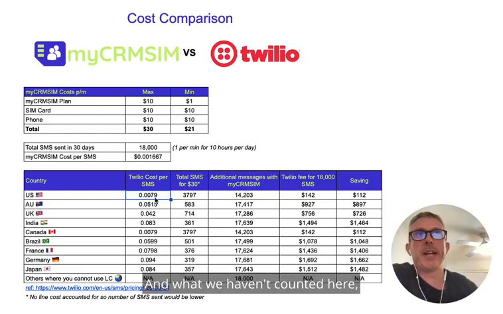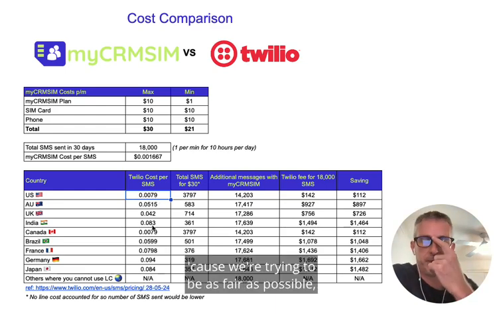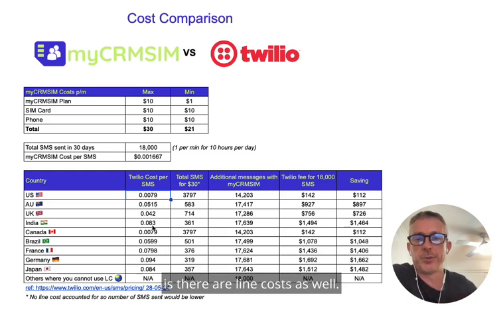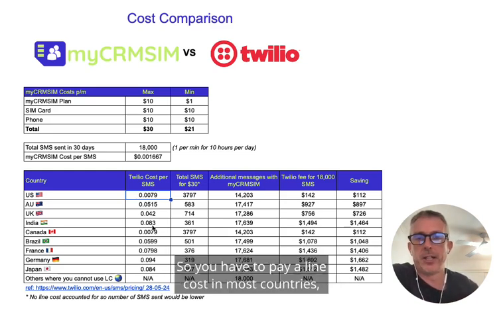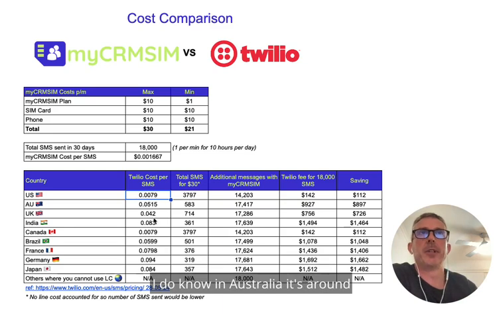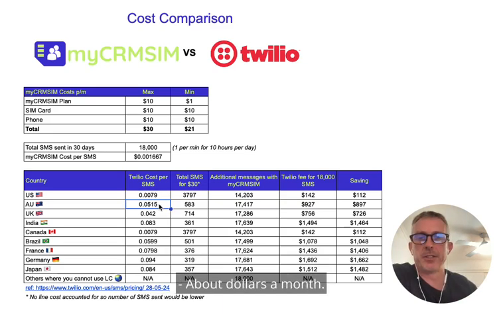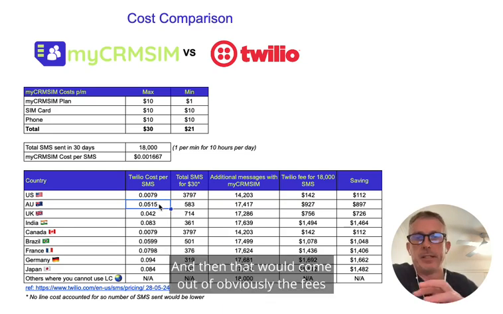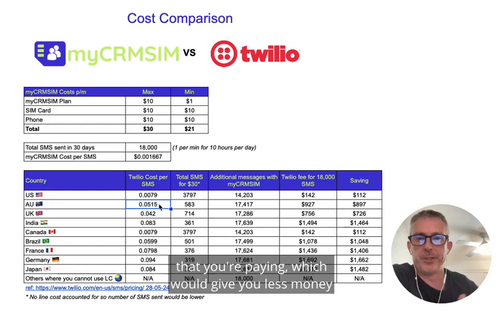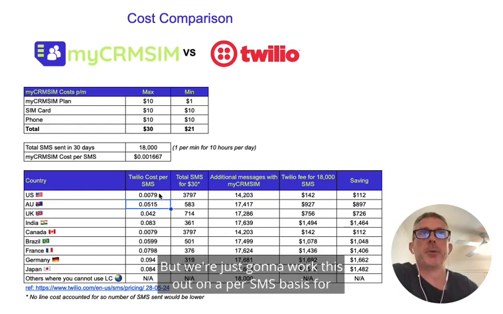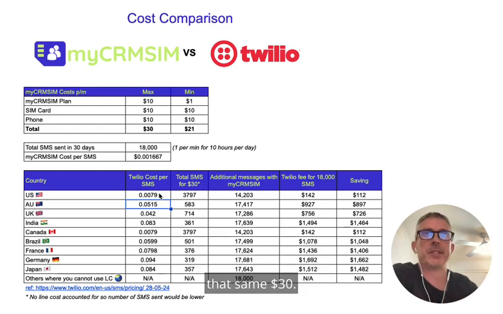And what we haven't counted here, because we're trying to be as fair as possible, is that there are line costs as well. So you have to pay a line cost in most countries. I do know in Australia it's around about $6 a month, and that would come out of the fees that you're paying, which would give you less money to spend on SMSs. But we're just going to work this out on a per SMS basis for that same $30.